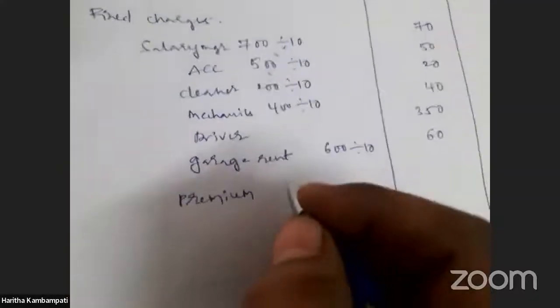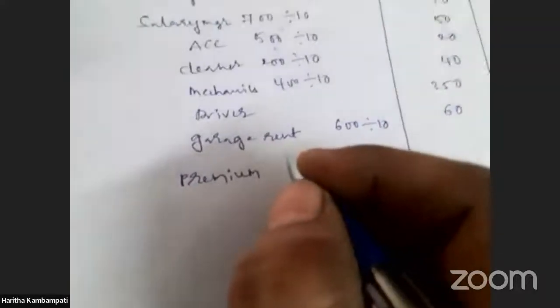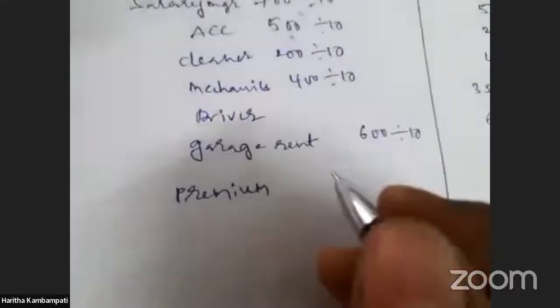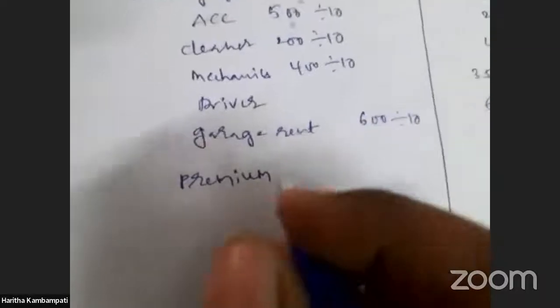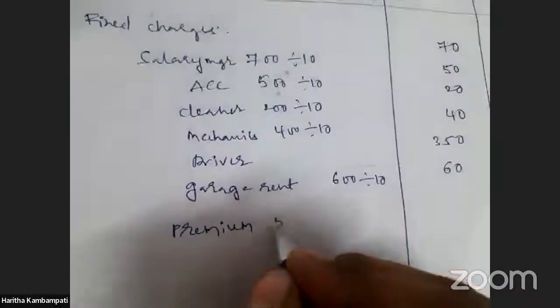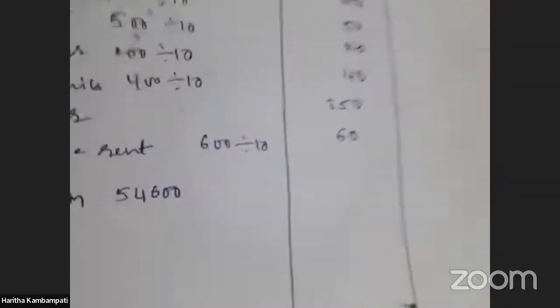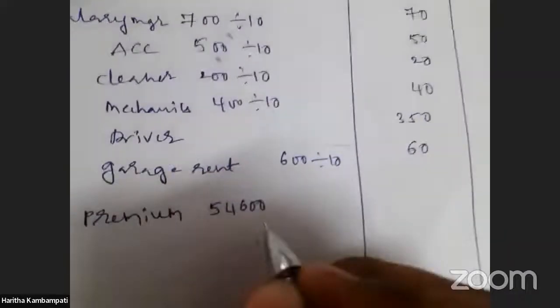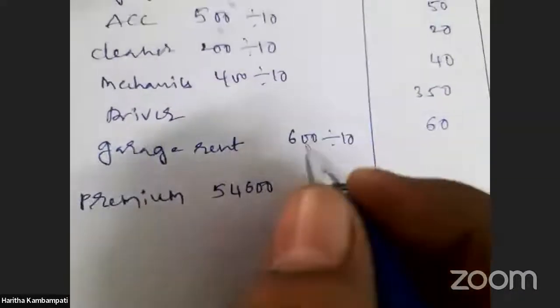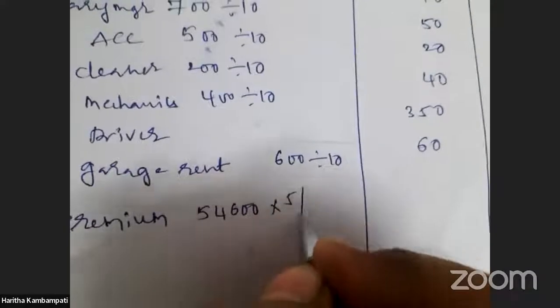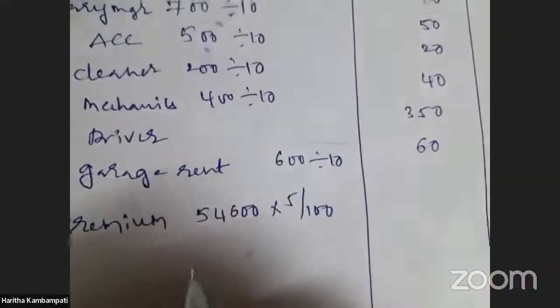Insurance premium, they mentioned as 5% per annum. 5% on what? On total investment. Each taxi is 54,600. Sorry, not 24,600, but 54,600. 5% is the rate.